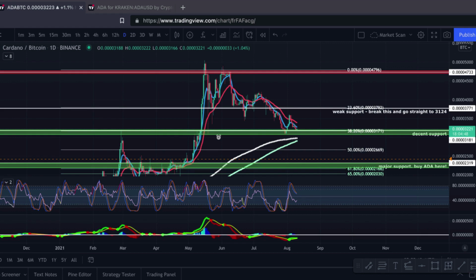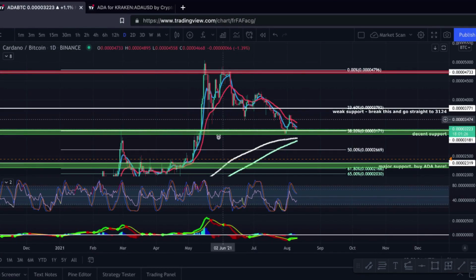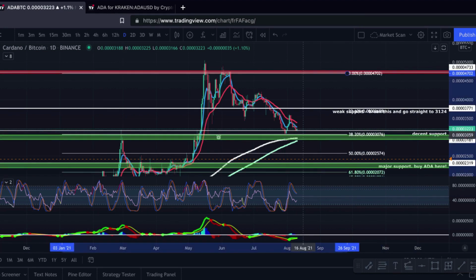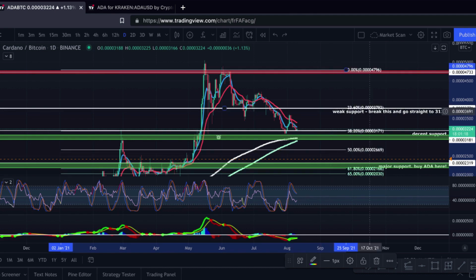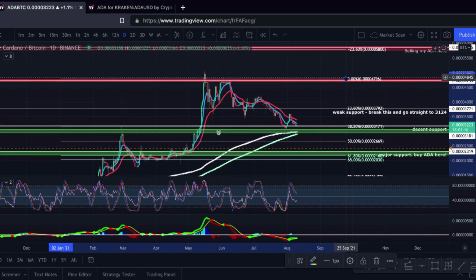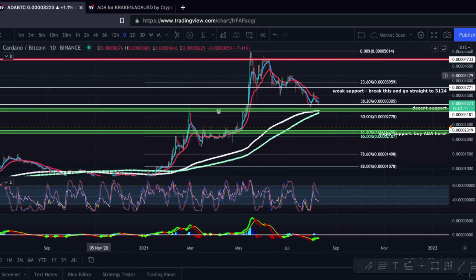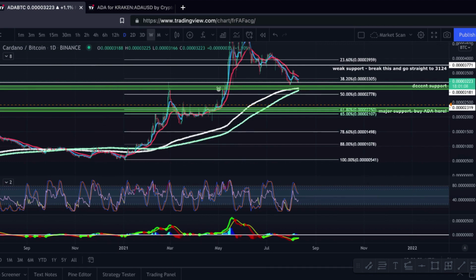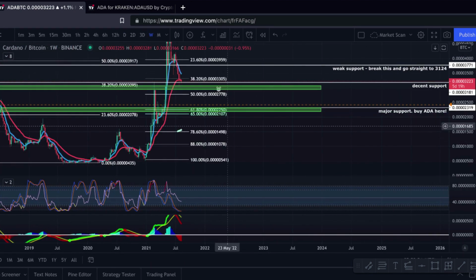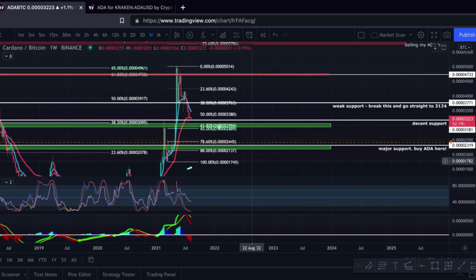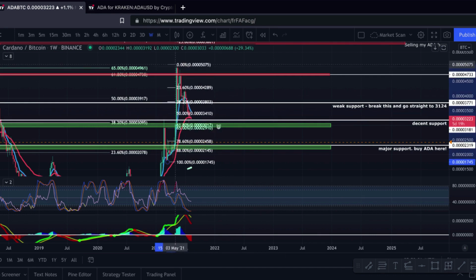This is so freaking hard because now it's coming into this really good region right here. Let me just double check. Let's go on the weekly. Okay, so this is the weekly chart. Bottom, top, straight up. Bottom, top on the weekly.